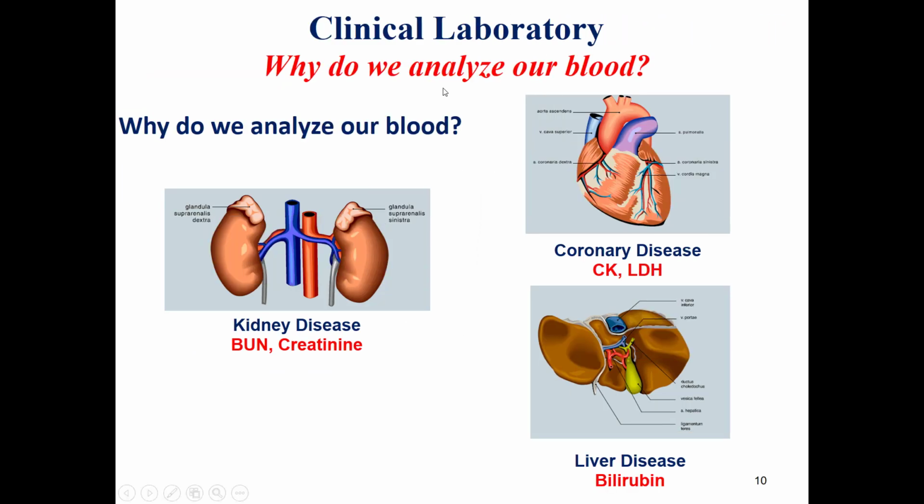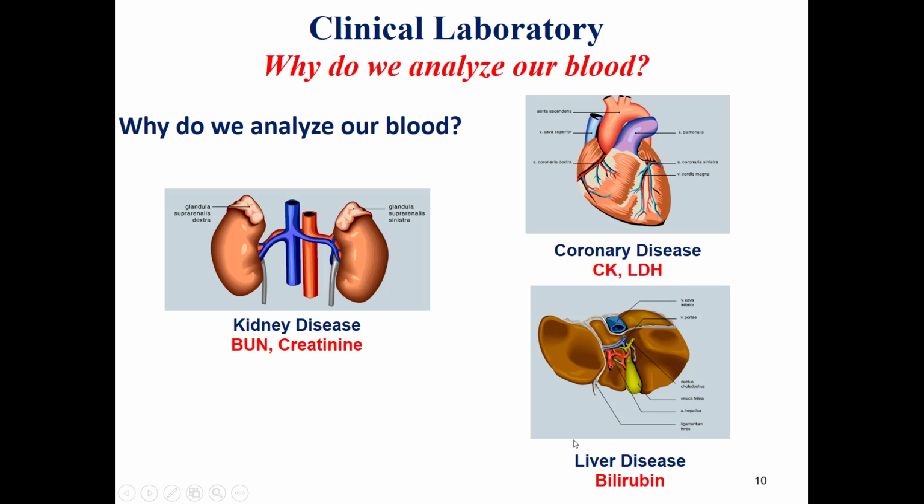So why do we analyze our blood? For example, if I want to know the functionality or physiology of the kidney in case of a disease, or if it's working normally or abnormally, we make such a test. If you want to study the condition of the cardiac muscles, or in case of coronary disease, we do CK and LDH tests.